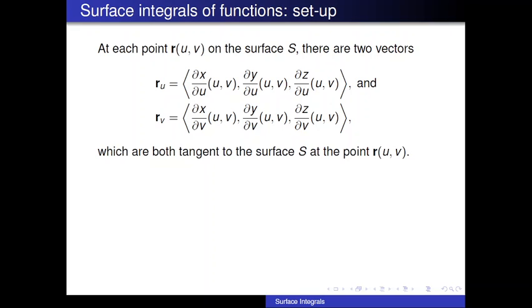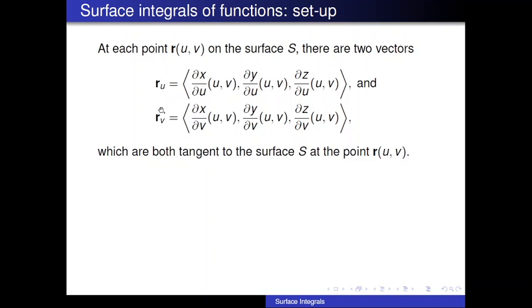So at each point, r of uv that lives on the surface S, we have two canonical tangent vectors that are handed to us by this function itself. One is called r sub u, whose components as a vector are the derivatives of the functions x of uv, y of uv, and z of uv, all just with respect to u. So it's saying, how are you moving in S as you move just in the u direction back in D?